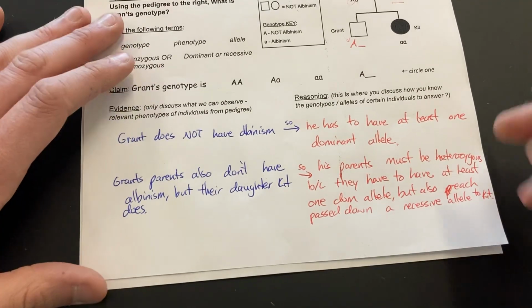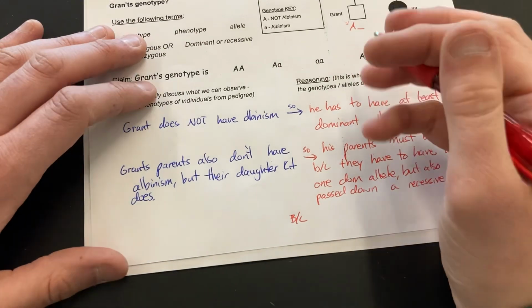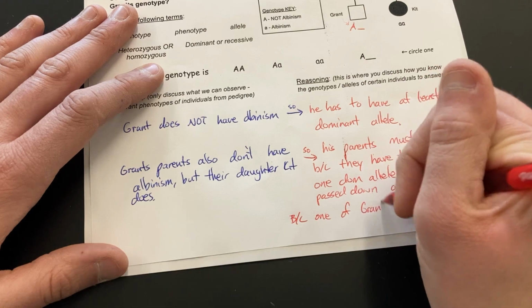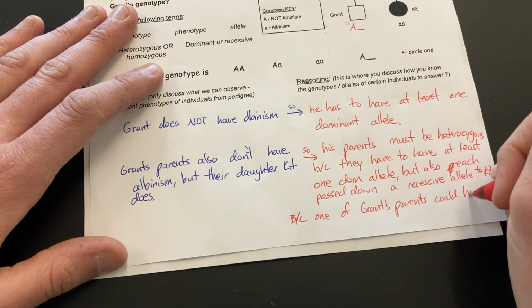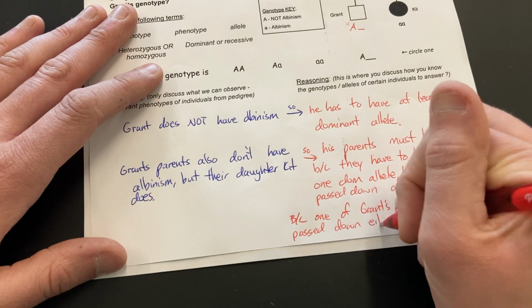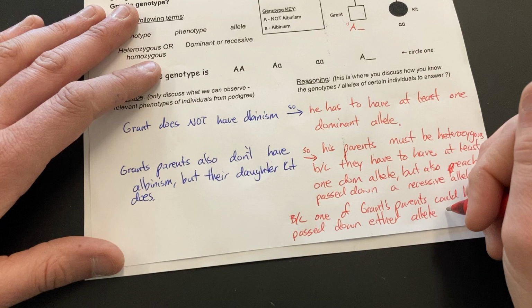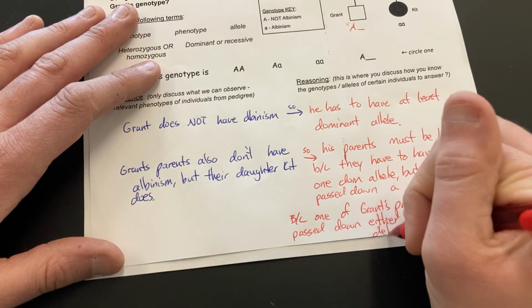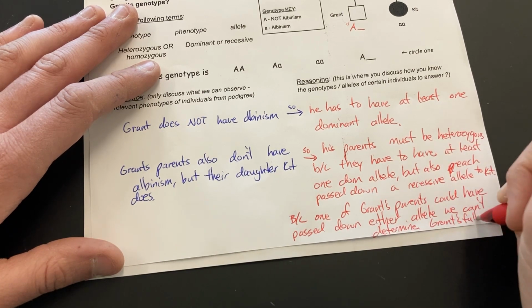So I'm going to finish up my reasoning and just say, because one of Grant's parents could have passed down either allele, we can't determine Grant's full genotype.